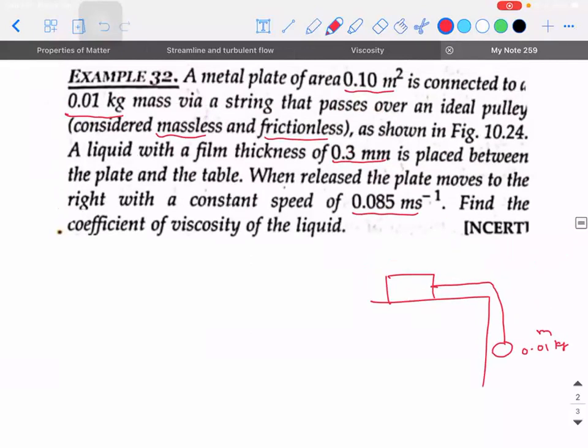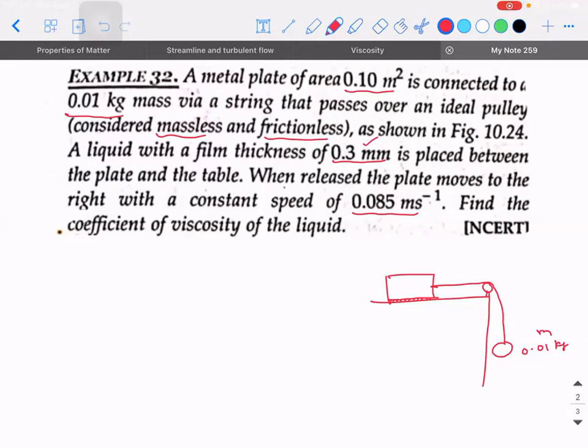Now tell me how to solve. So this plate is moving and there is a film of liquid placed of how much thickness? 0.3 mm, placed between the plate and the table.